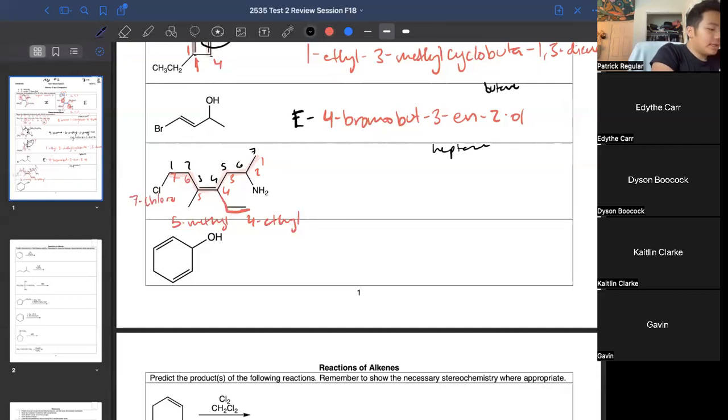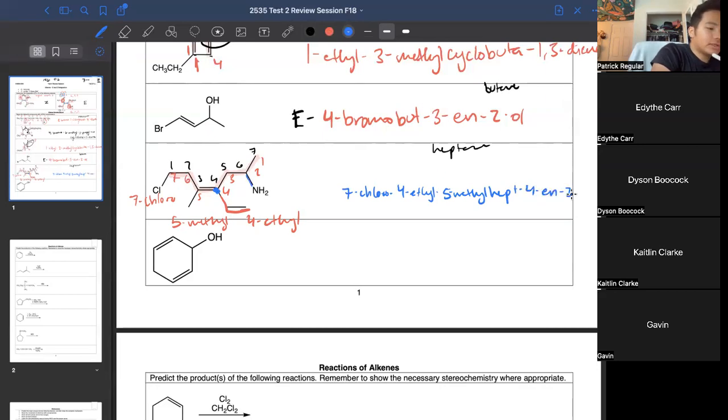So C, E, then M. So just do 7 chloro, 4 ethyl, 5 methyl, 1 methyl, hept. You have to start that first bridgehead, 4 ene, and there's only 1 amine.